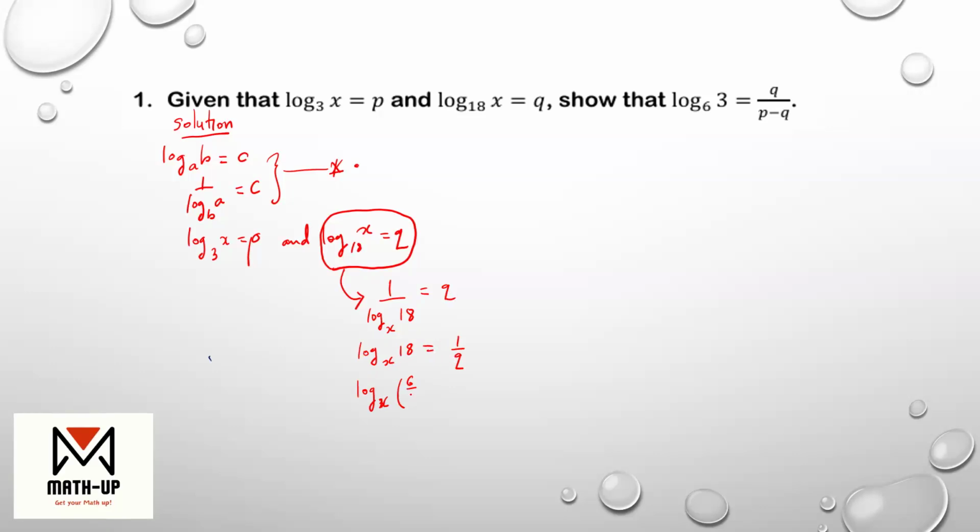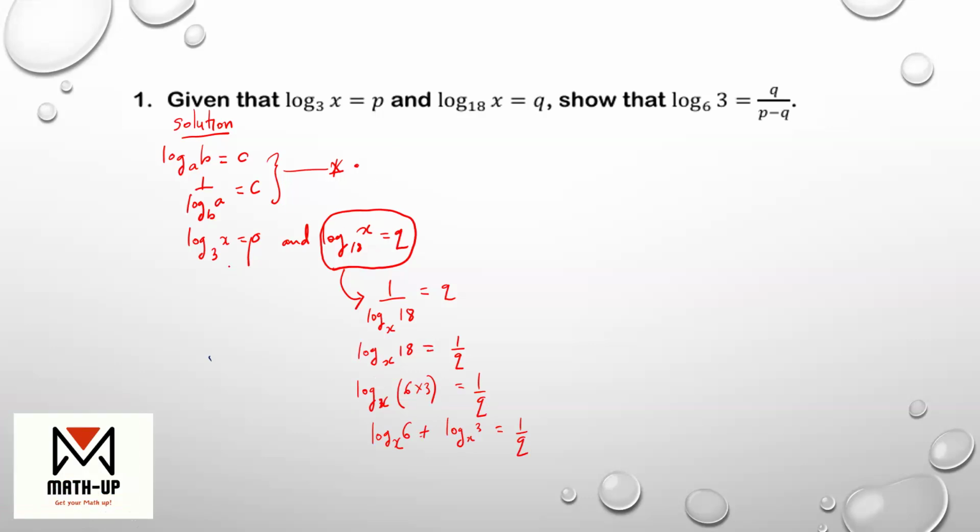So that gives us log of 6 to the base x plus log of 3 to the base x is equal to 1 over q.